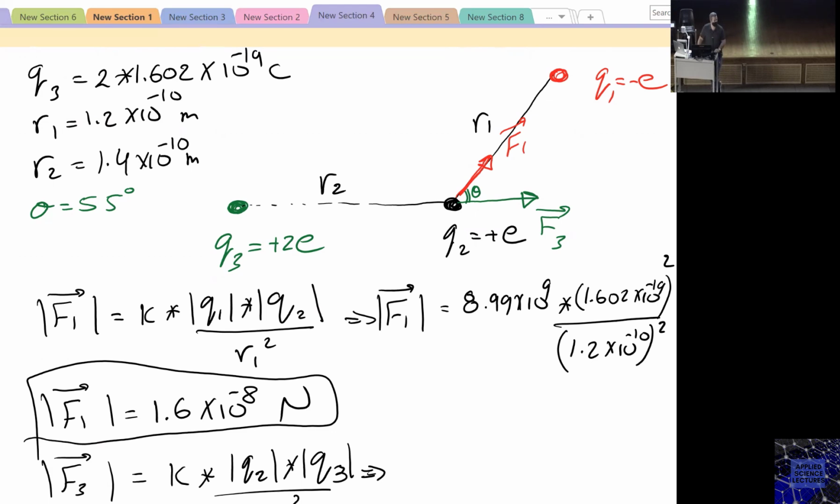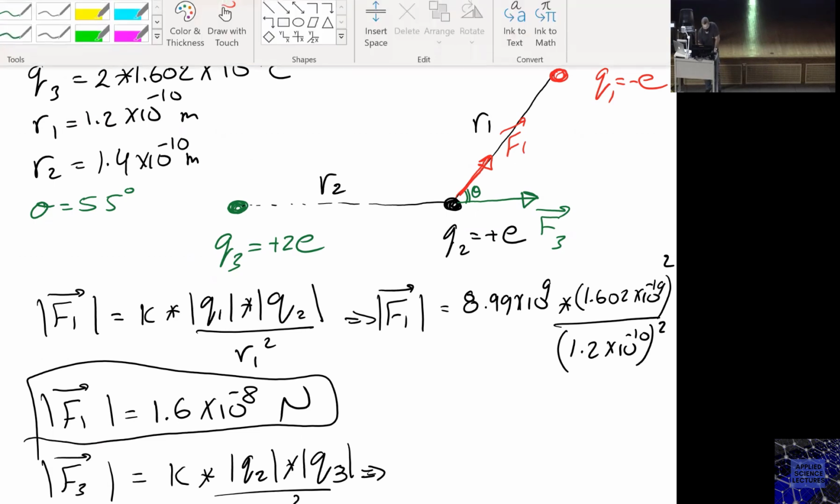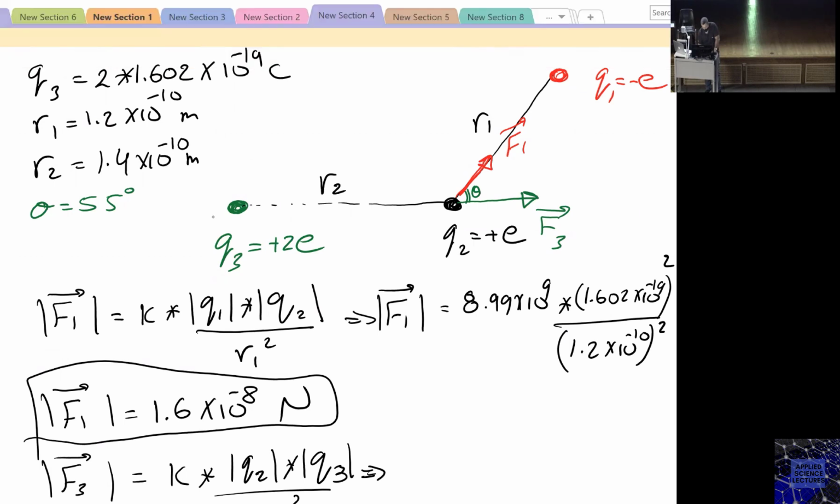Then you can find the magnitude of the final vector, and also the direction of the vector. So let's do this. I will put my coordinates right on Q2, which is the proton, the charge of interest.